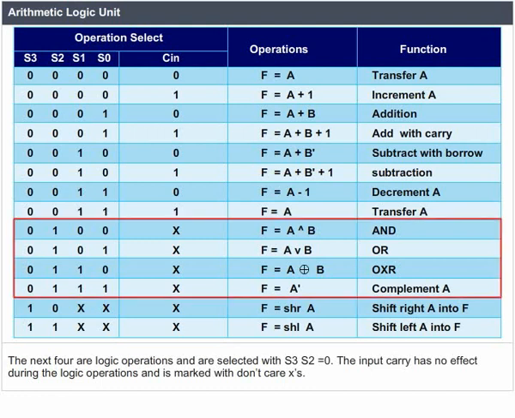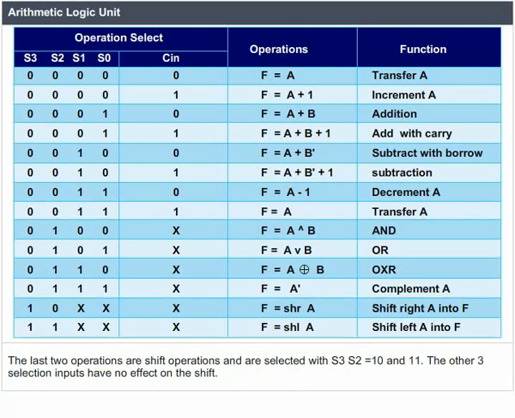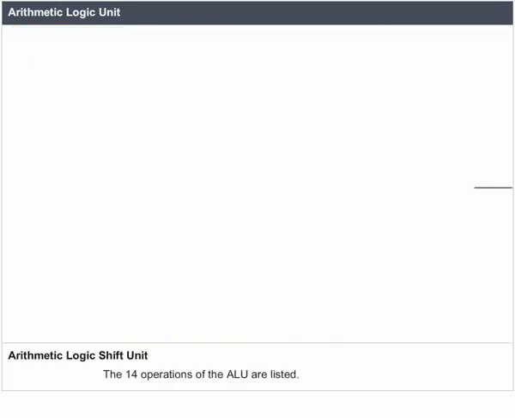The input carry has no effect during the logic operations and is marked with Don't Care Xs. The last two operations are shift operations and are selected with S3, S2 equals 10 and 11. The other three selection inputs have no effect on the shift.